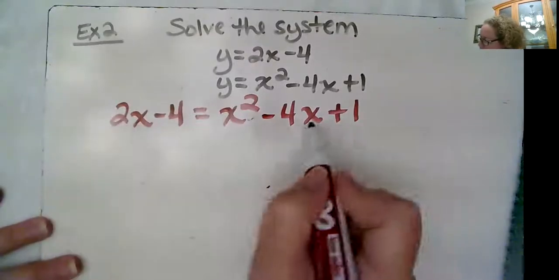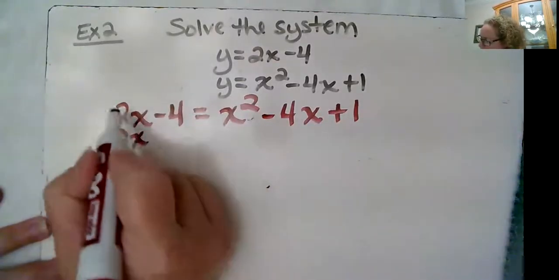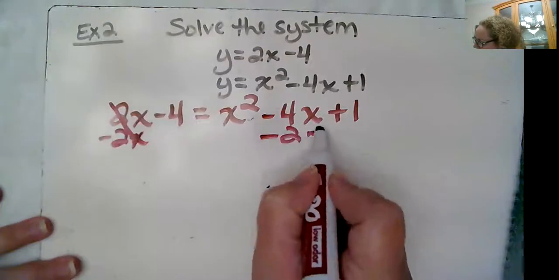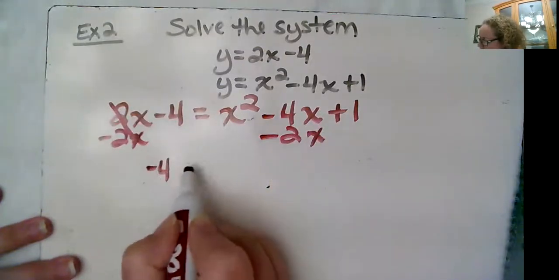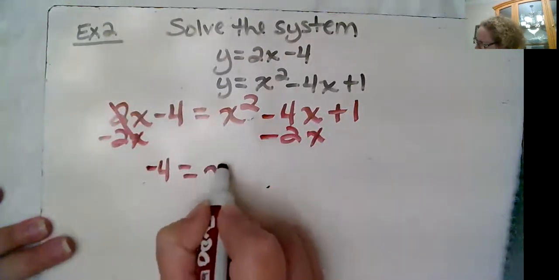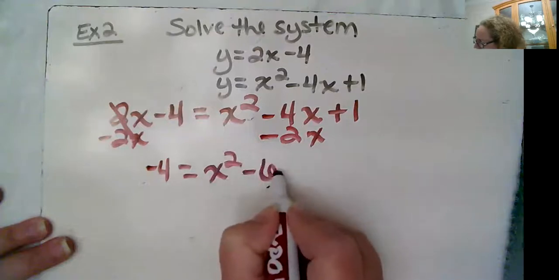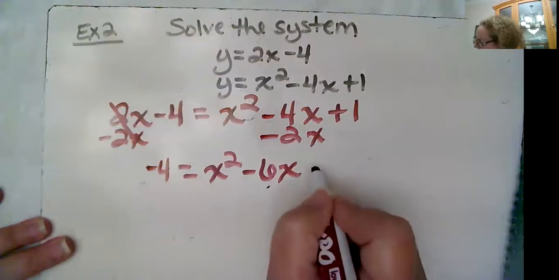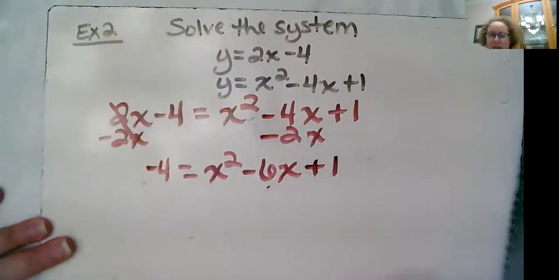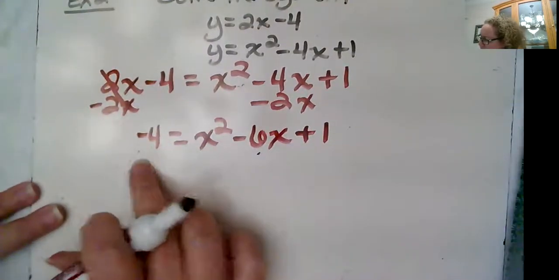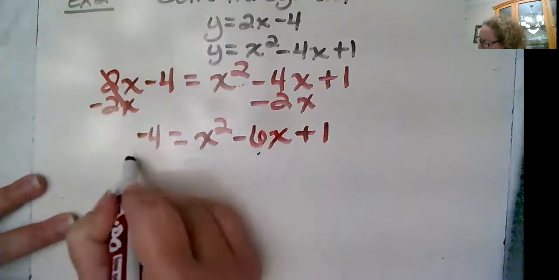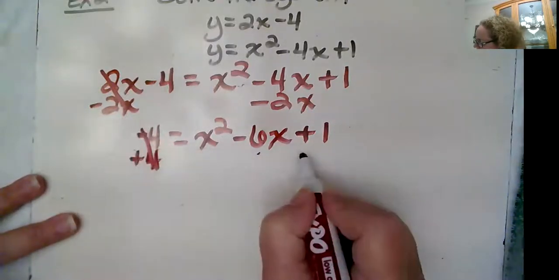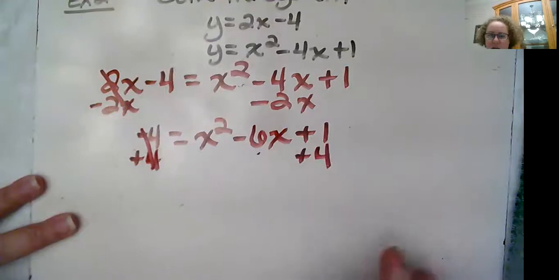Going to bring the 2x over there, so minus 2x, minus 2x. We have minus 4 is equal to x squared minus 6x, same sign you add and keep the sign, plus 1. Now I'm going to bring my constant over, so plus 4, plus 4.